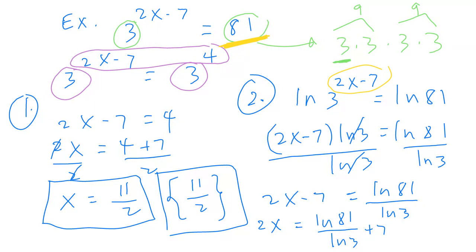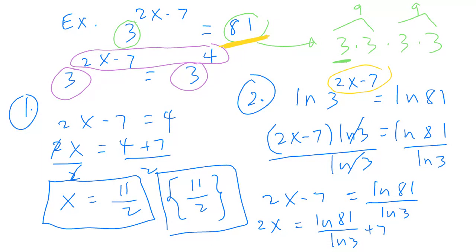So let's use your calculator. You have the function ln there, natural log, in your TI-84 or TI-83. Press ln 81 divided by ln 3. The answer is exactly 4.